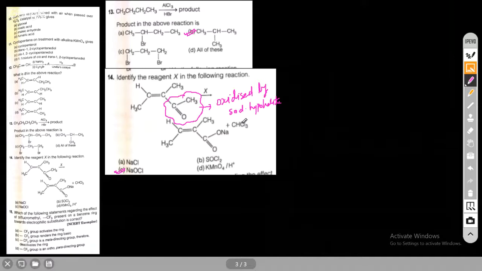CHCl3 will go out, chloroform will be formed, and here we'll get the ONa salt with sodium hypohalite. And this has one carbon less than the carbon atoms present in the molecule, because one carbon atom is going out with chloroform. That's why option C is correct. Question number 15.